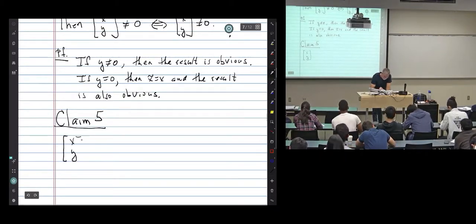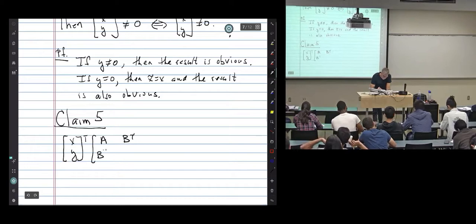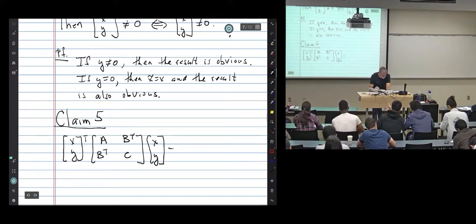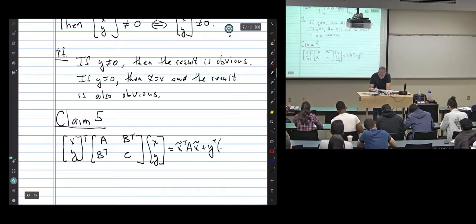x, y transpose times the matrix A, B, B transpose, C, times x, y equals x tilde transpose A x tilde plus y transpose times C minus B transpose A inverse B times y.